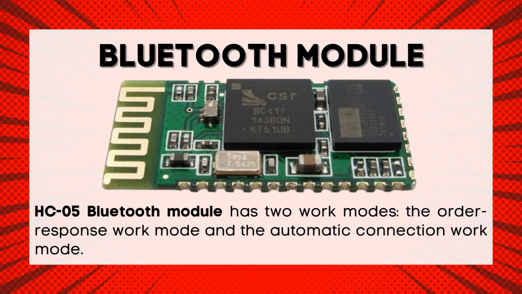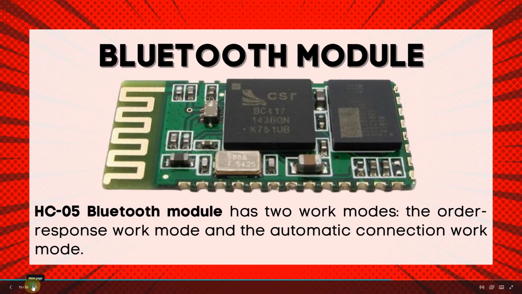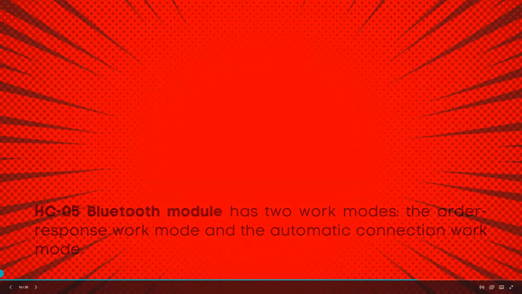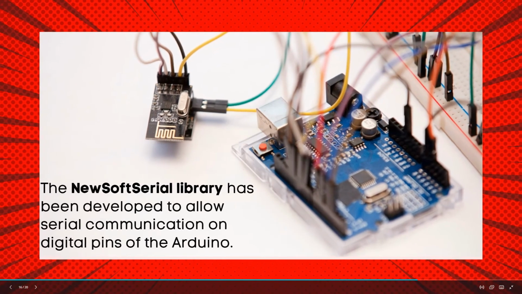The HC05 Bluetooth module has two work modes: the order response work mode and the automatic connection work mode. It also does three kinds of work roles: the master, the slave, and the loopback. So now we all know the Bluetooth module, the HC05.